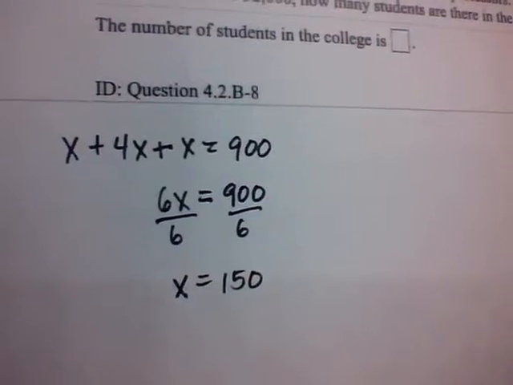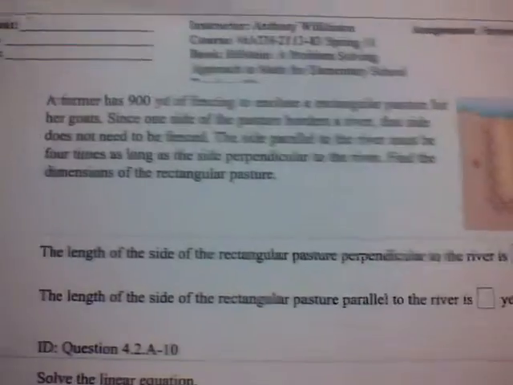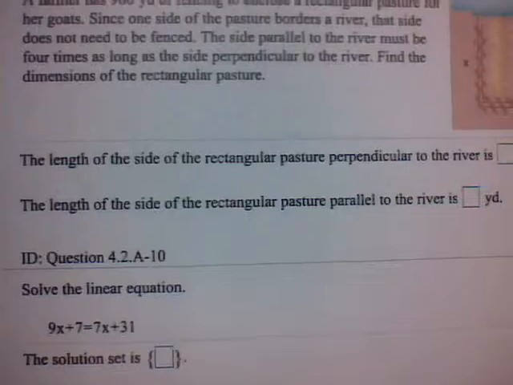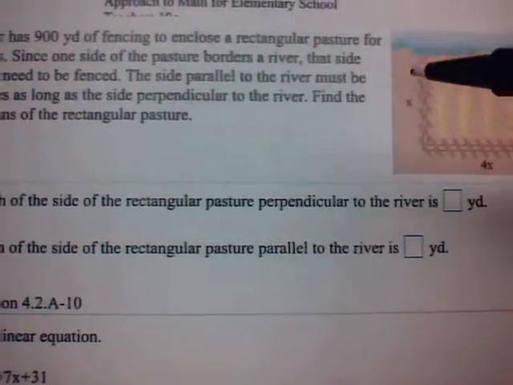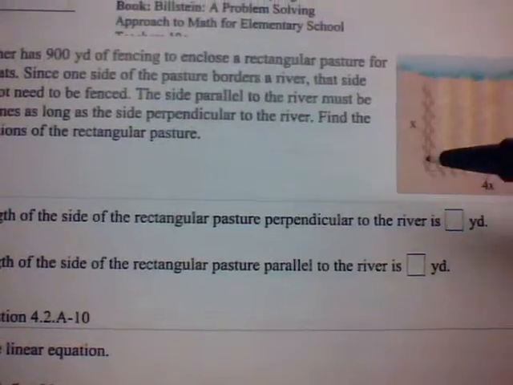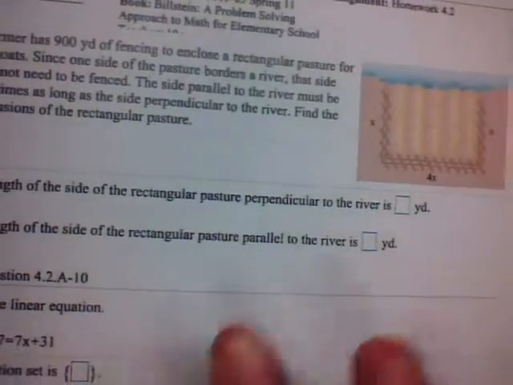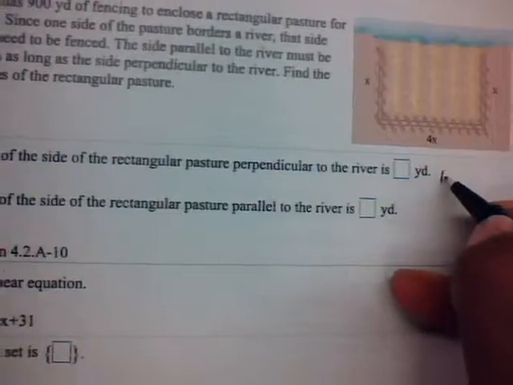So to answer that question here, the length of the side of the rectangular pasture perpendicular to the river, that's going to be this side right here that's labeled as x. That's going to be 150 yards.